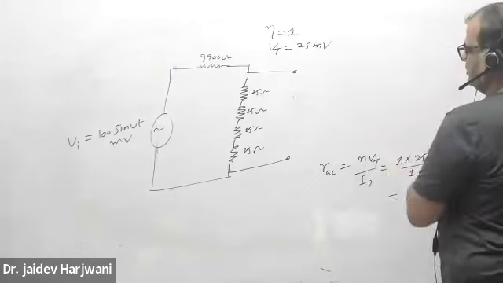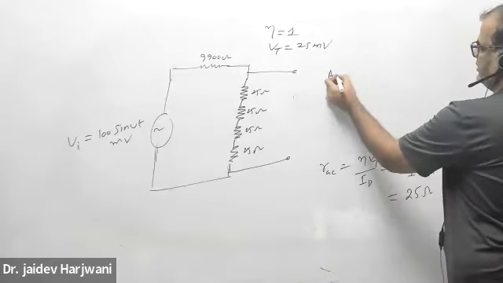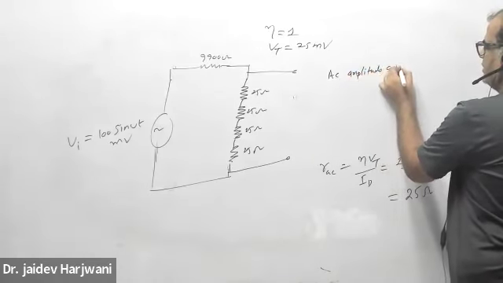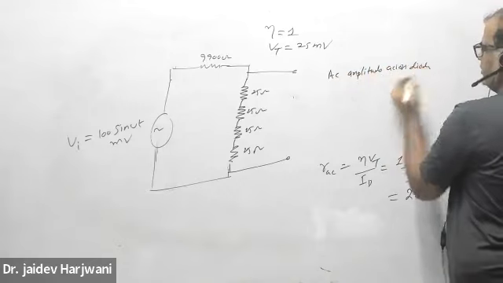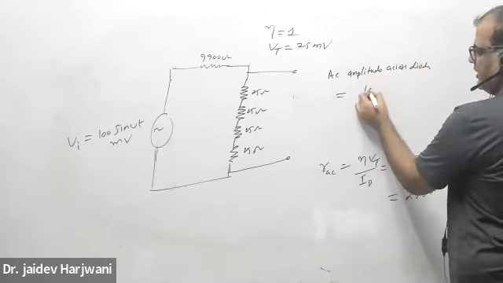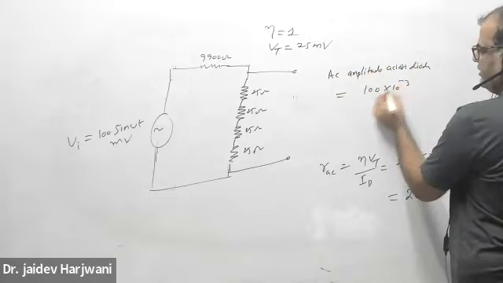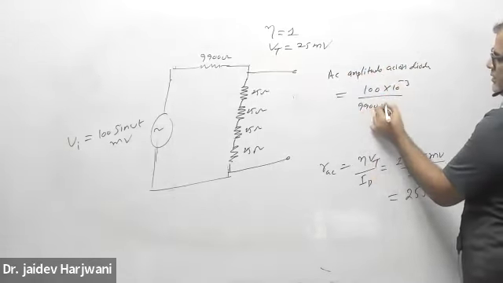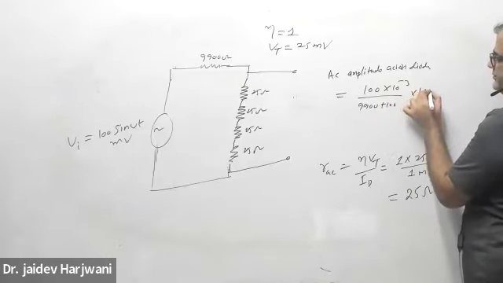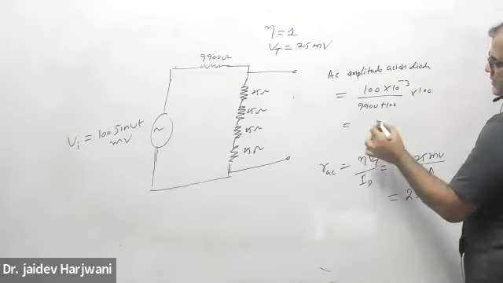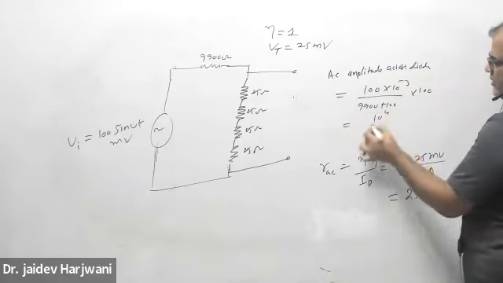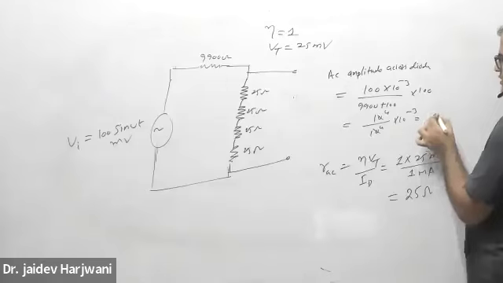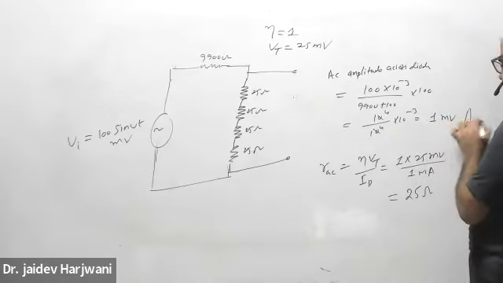Now the AC amplitude across the diode is equal to how much? 100 millivolt will be divided between 9900 plus 100, into 100. How much will it be? 10 raised to power 4, and 10 raised to power 4 into 10 raised to power minus 3, that is 1 millivolt is the answer.